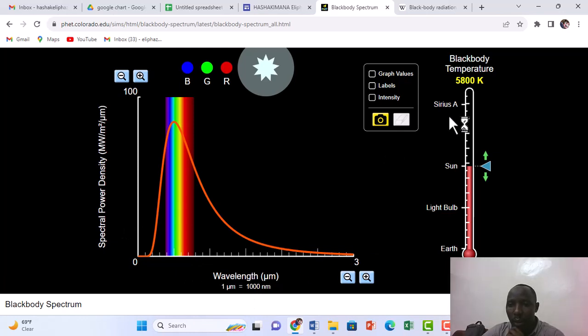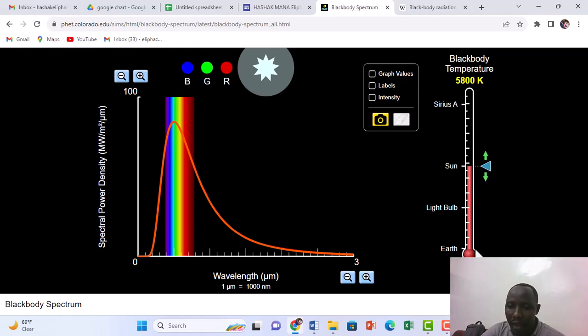So here we have the thermometer. This thermometer will show how the simulation changes with the body radiation as we increase or reduce the temperature. You see that this one is graduated in Celsius, and this is the sun, this is the light bulb, and this is the earth. Those are the different levels at which different radiation or temperatures are emitted.